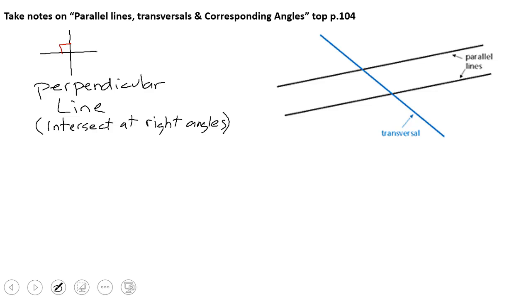So perpendicular lines intersect at right angles. I'm going to label this. This is going to be line R and line S. And I'm going to show you that line R is perpendicular to S. So this right here being the geometric notation, an upside down capital letter T is what they use to say, hey, line R and line S are perpendicular.